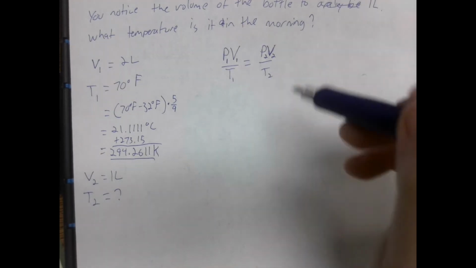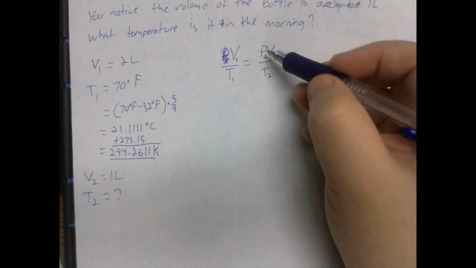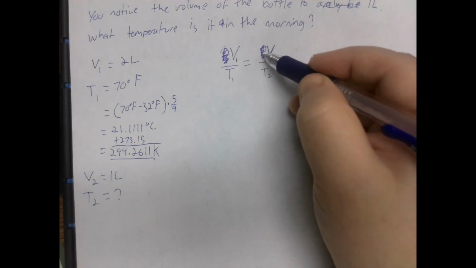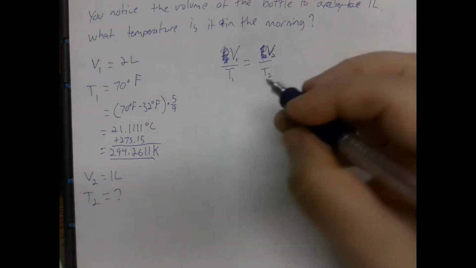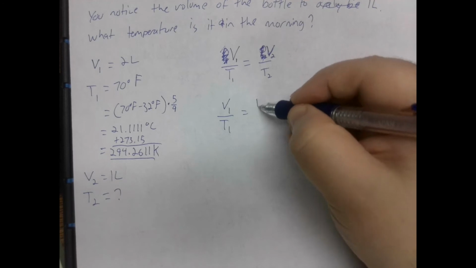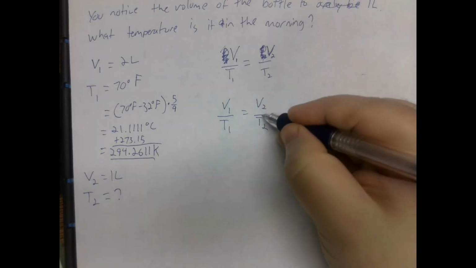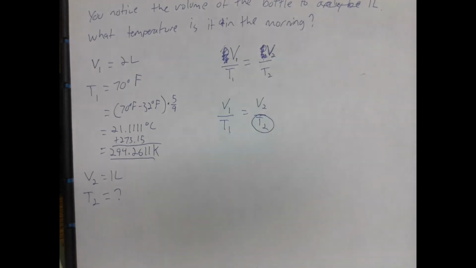So this problem doesn't deal with pressure, so we'll assume that pressure stays constant. So we're left with V1 over T1 is equal to V2 over T2. And you are solving for T2.